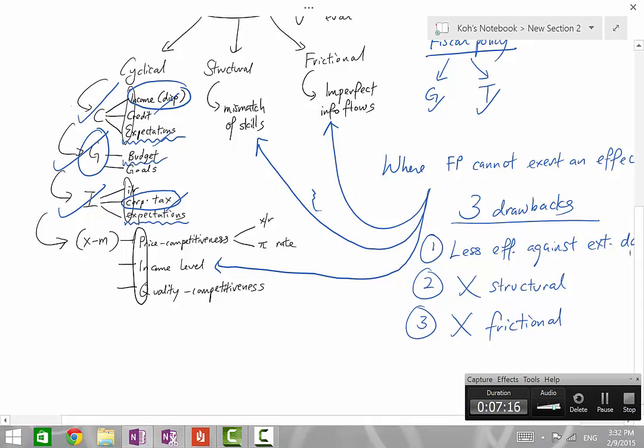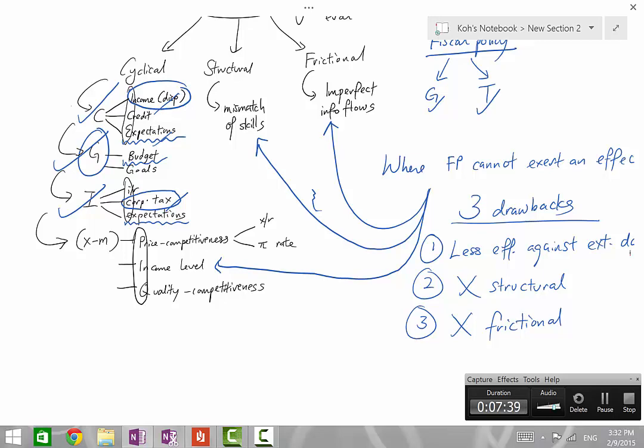Okay, so even though the circles show you how fiscal policy works, it can also show you that there are other factors out there which affect C, G, and I. So fiscal policy is not all powerful, and this is precisely the point we want to achieve, or rather we want to acknowledge, because if a policy is not perfect, then there is room for complementary policies to come in.